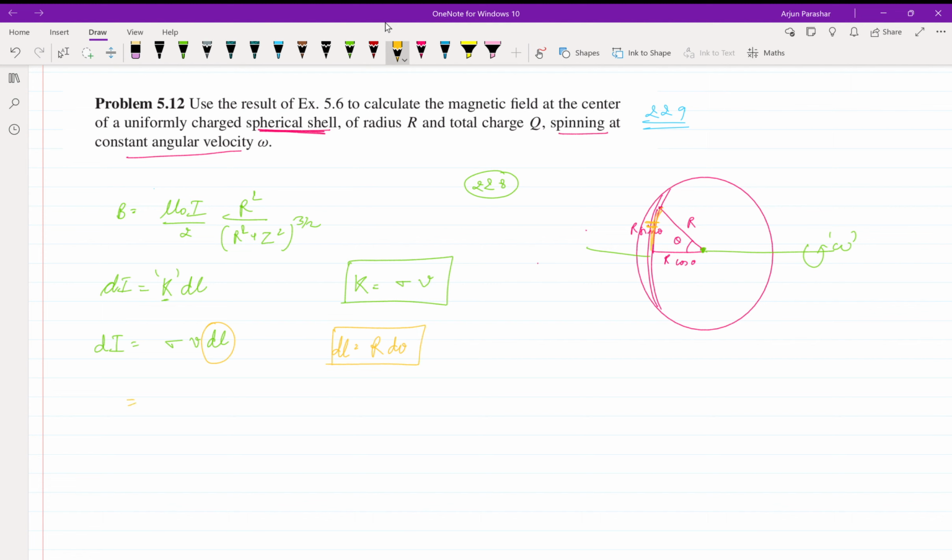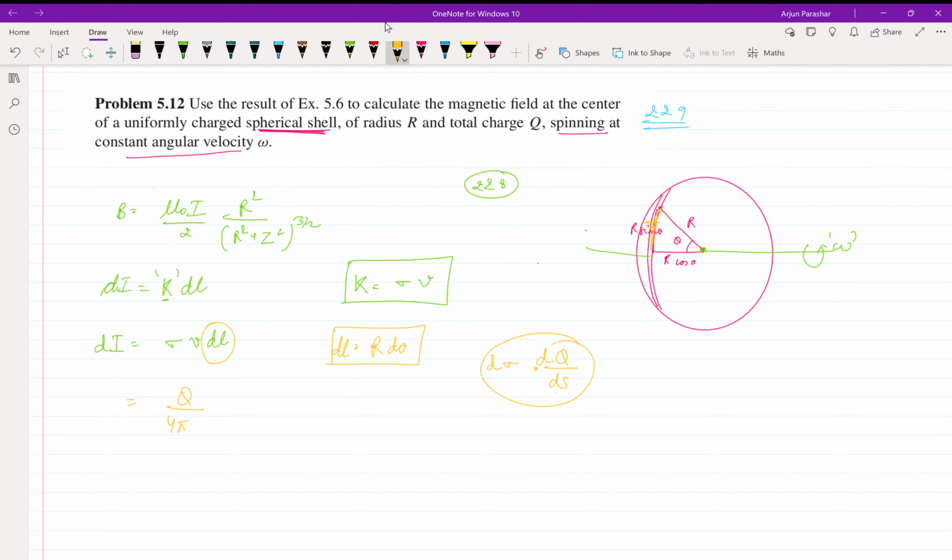So sigma is the charge density, which is dq upon ds.